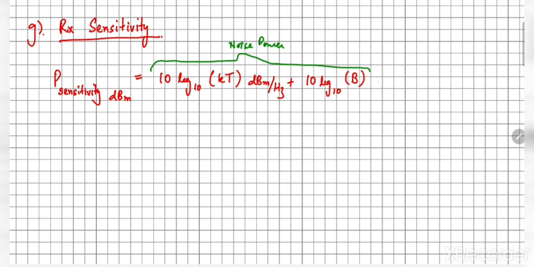Then we add to it the total noise figure of the receiver in the units of dB, and we add to it the minimum required CNR in the units of dBs.